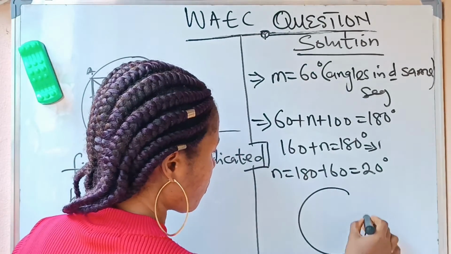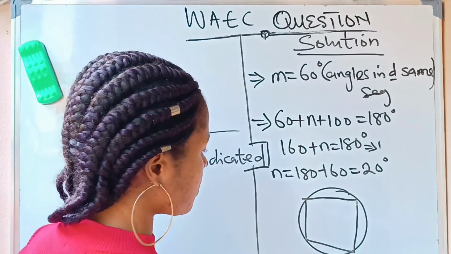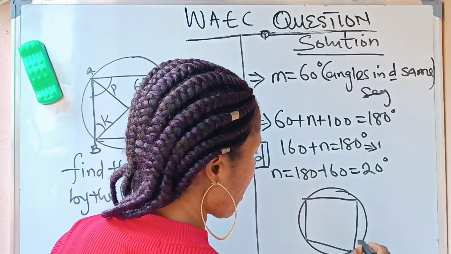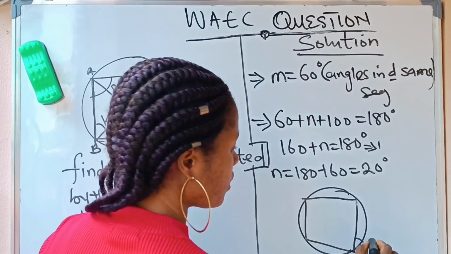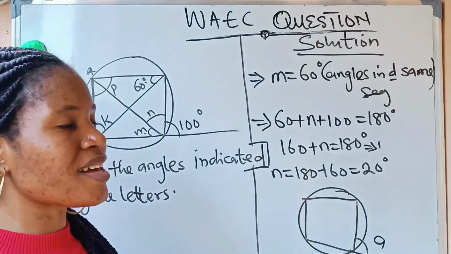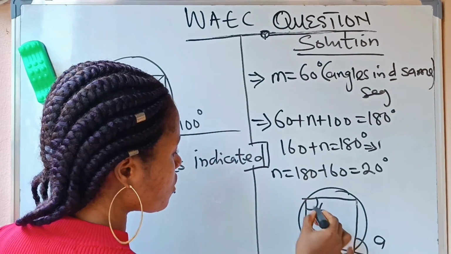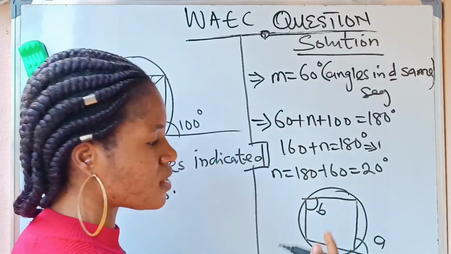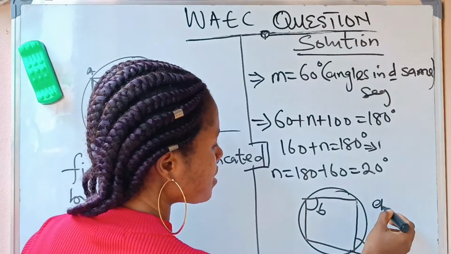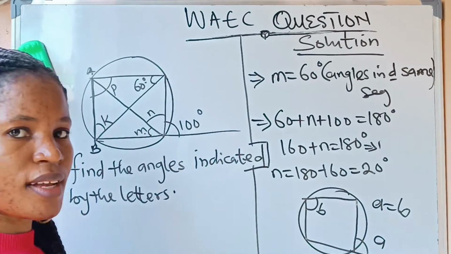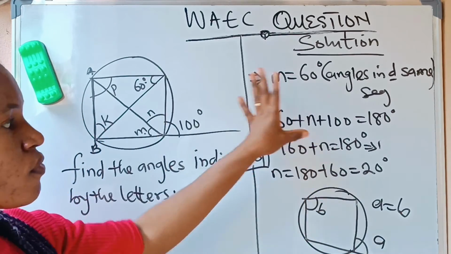If this is a circle and you have a quadrilateral, a four-sided figure, and you have an exterior angle, let's call it A. There's another, opposite interior angle, let's call it B. The law is telling us that A is equal to B. I hope you have seen this well, because I'm going to clean it now because of space.